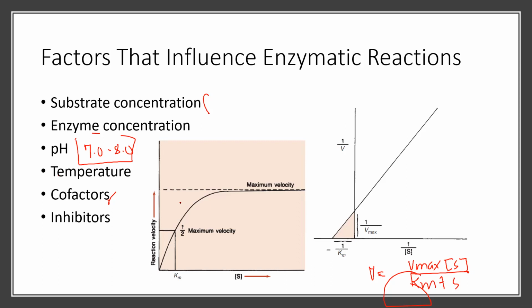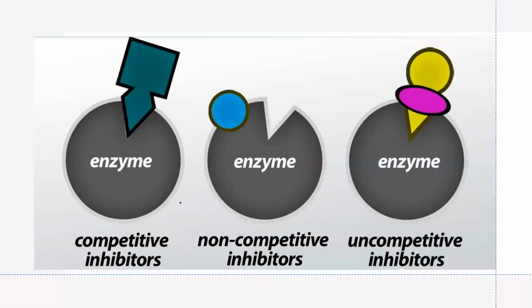The enzymatic reaction does not occur because there is an inhibitor in the active site of the enzyme where the substrate should bind, where the substrate should attach. Basically, we have four, but they are better known as three types of inhibitors. We have competitive inhibitors, non-competitive inhibitors, and uncompetitive inhibitors. All of them are inhibitors.